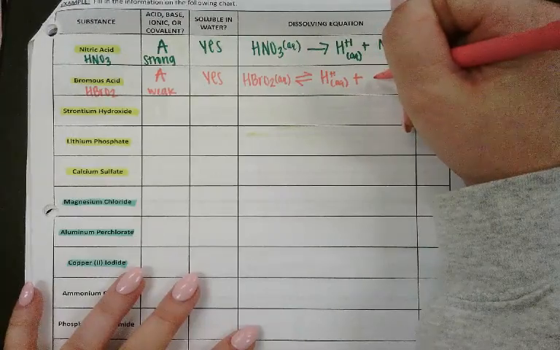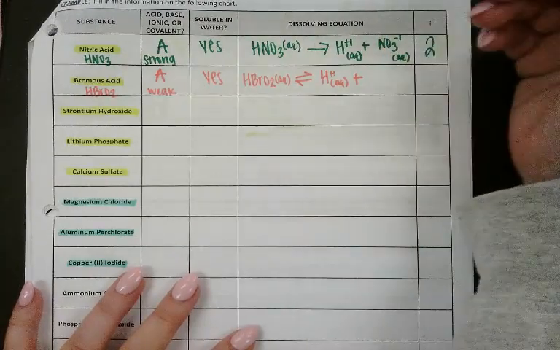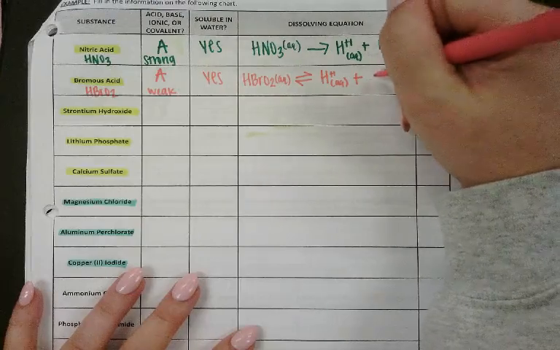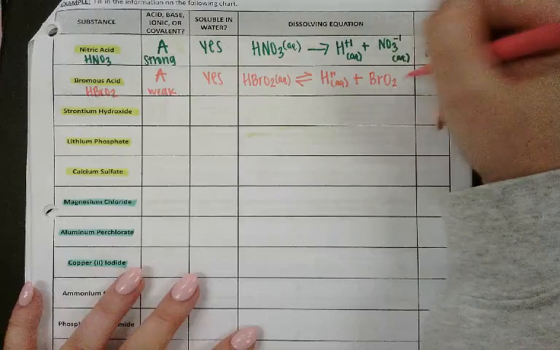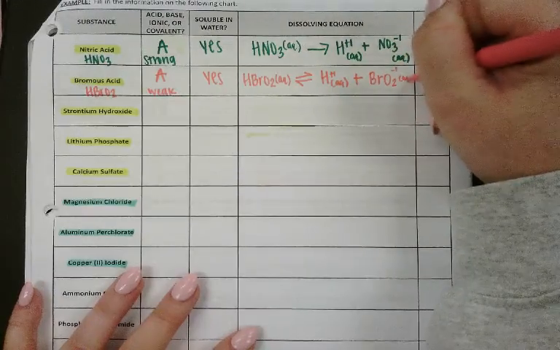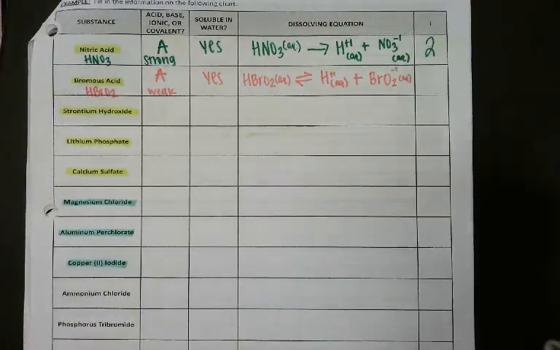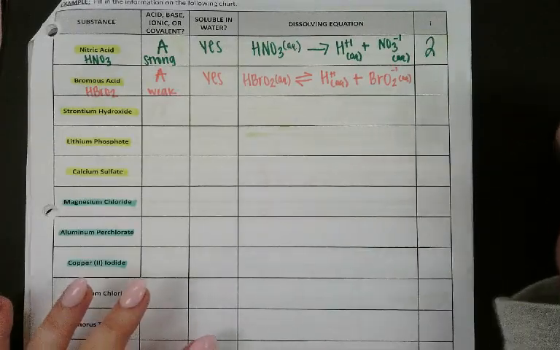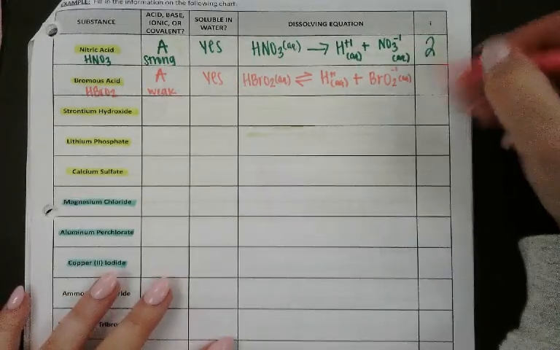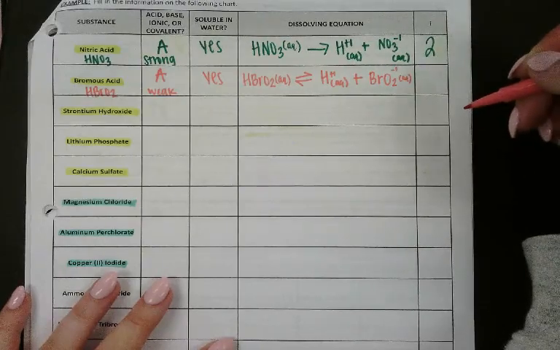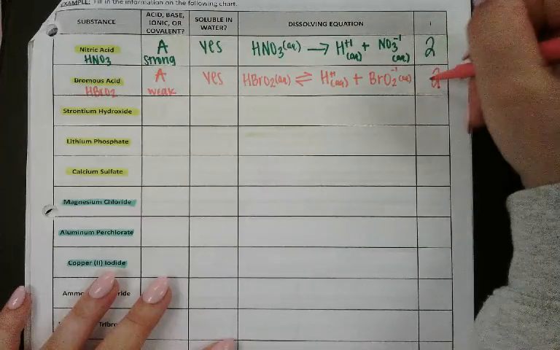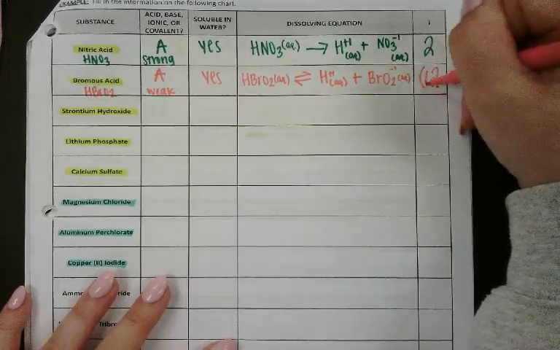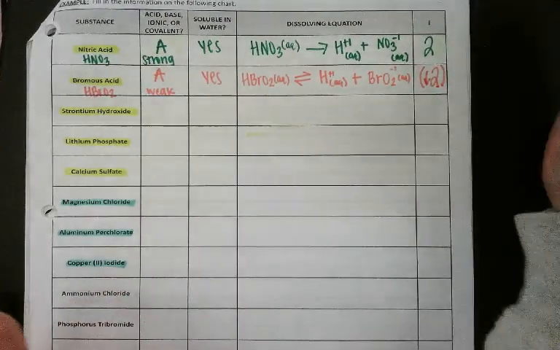Say it out loud. Because I know what bromide is, but some people in here might not. There you go. What do I always have to check? If it's balanced. Is this balanced? Okay, so what is my i? Well, it is technically 2, right?